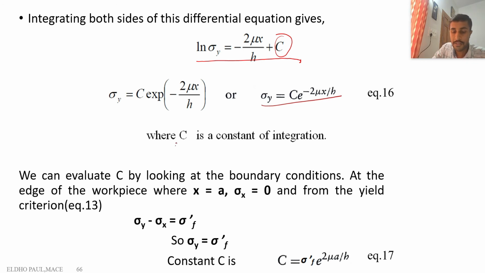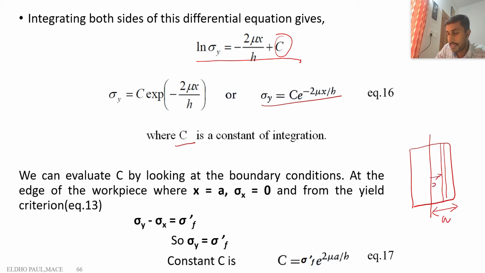To find the constant c, we apply the boundary condition. The boundary condition is that this is the workpiece, this is the distance a, and this is my element at a distance x. When x equals a, at the surface, the sigma x value, the horizontal stress, will be 0.